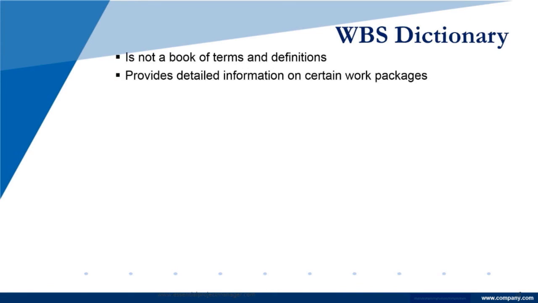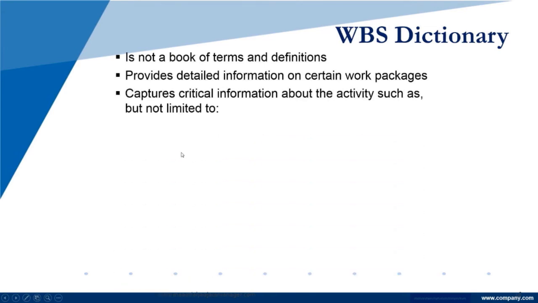And there are different formats and templates for a WBS dictionary. I'll show you one in a second. But there are a lot of them out there. What you want to look at here is you're trying to get detailed information on the work packages.